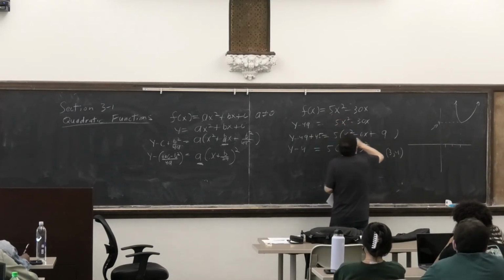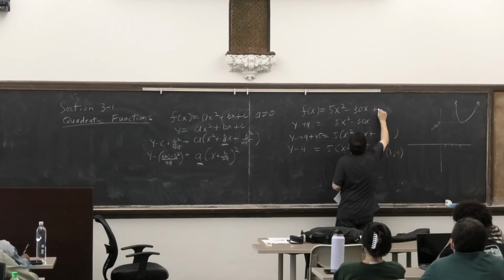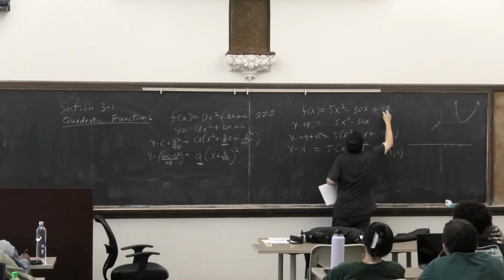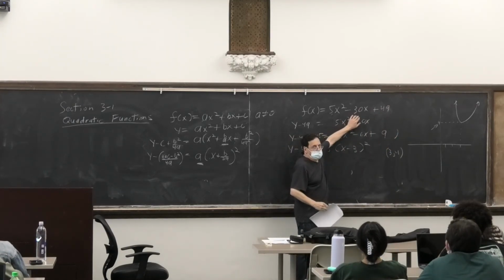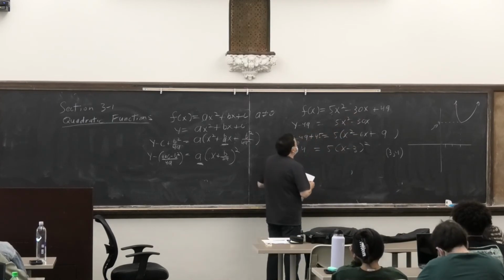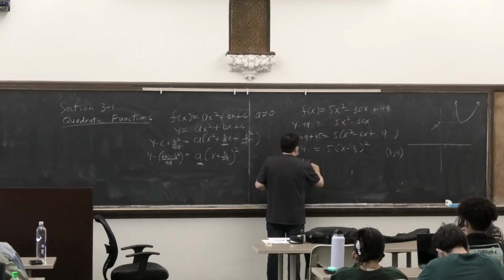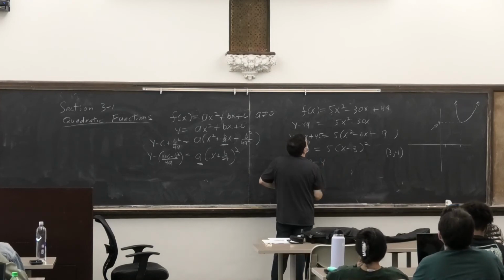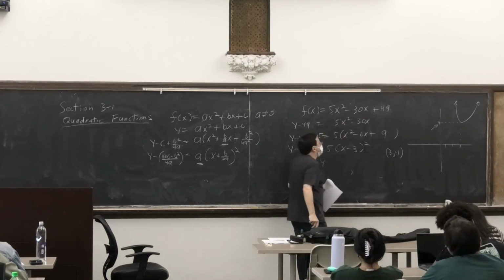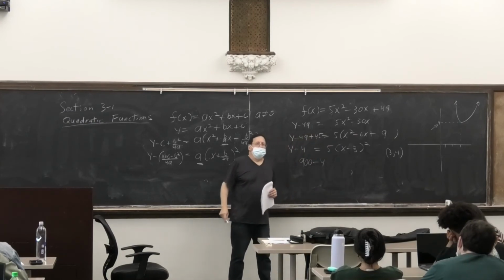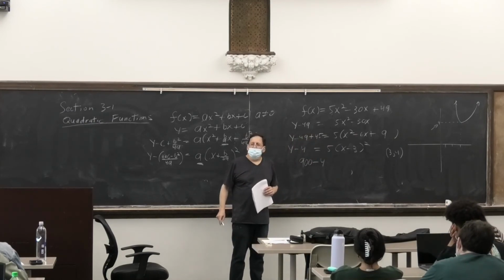You could also check the determinant here. B squared is 900 minus 4ac. So 20 times 49. It's like 20 times 50.